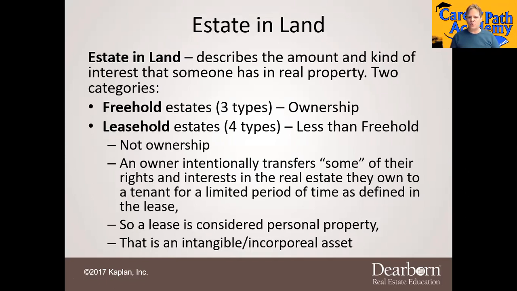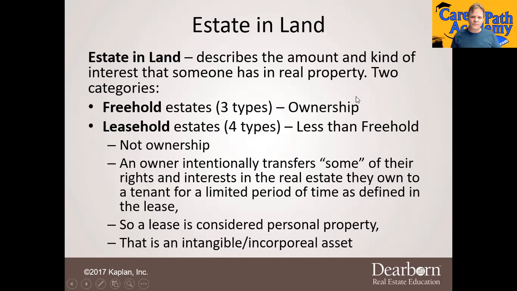They're less than freehold. You're not allowed to hold them forever or a lifetime. So it's not ownership. A lease is not ownership of real estate. It's just an owner intentionally conveying some of their rights to a tenant for a limited period of time as defined in a lease. So a lease is considered personal property, and it's an intangible or incorporeal asset, right? Something you cannot touch. It symbolizes your rights.